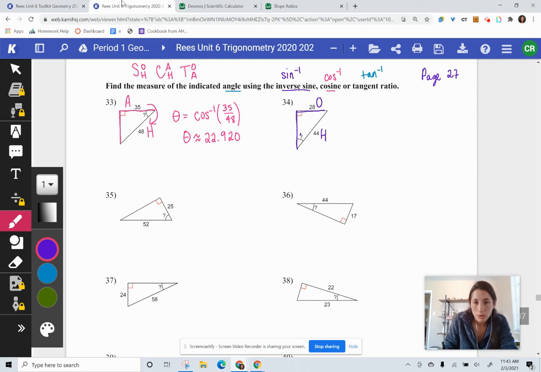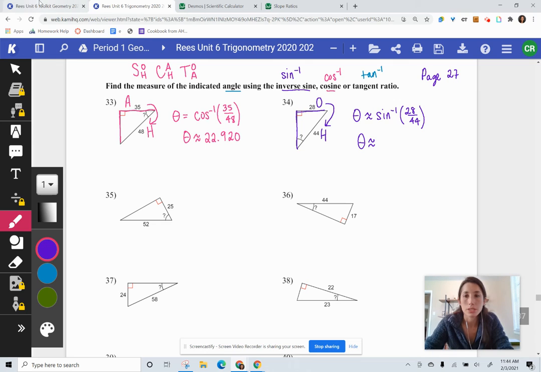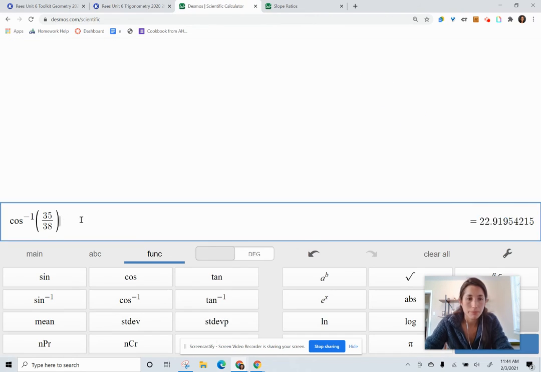So my missing angle, theta, is equal to an inverse sine ratio of opposite over hypotenuse. Then we just input that into the calculator to get our missing angle. So inverse sine of 28 over 44.